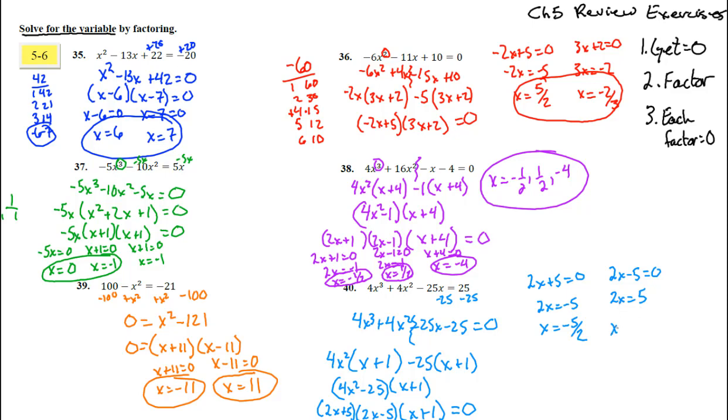Divided by 2, x equals positive 5 halves. And then we take this third factor, this x plus 1, and set it equal to 0. And we get x equals negative 1. All right, so there are our 3 answers for number 40, and indeed it matches the degree of the polynomial. Excellent.